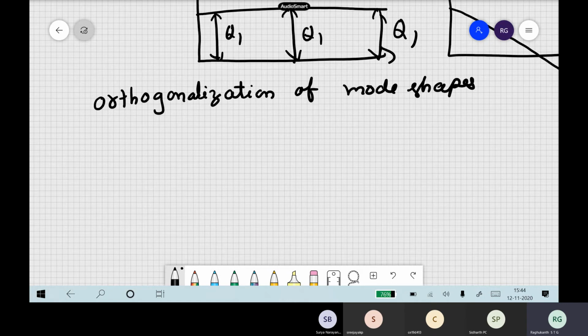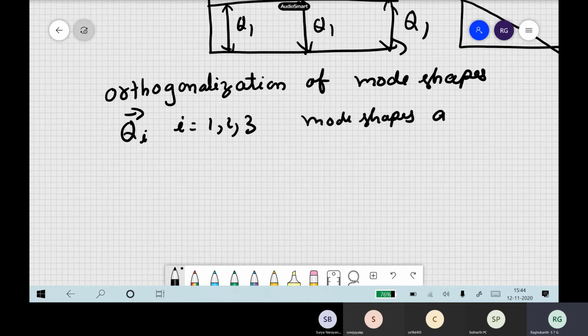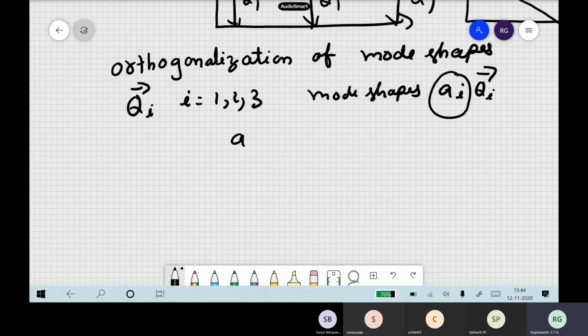Of course, they are orthogonal to the stiffness matrix, and they are orthogonal to the mass matrix also. The amplitudes you find out by making, you remember, right? If I write A_i times Q_i, where i is equal to 1, 2, and 3, the mode shapes, the eigenvectors can be written as A_i times Q_i. Now to find out the amplitude of these eigenvectors, how do you calculate it in dynamics?